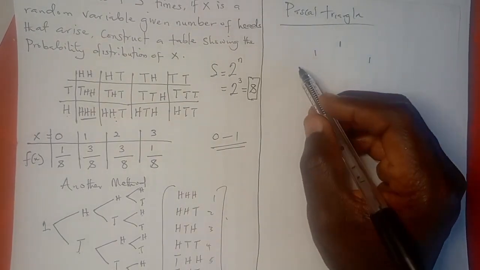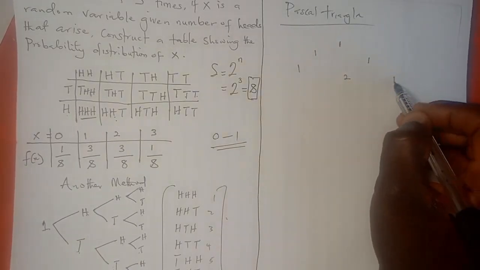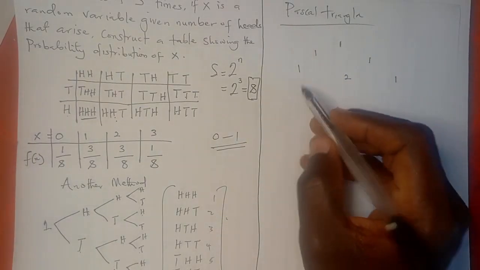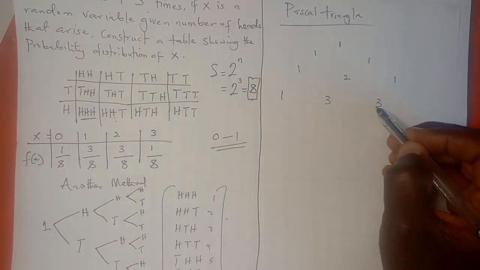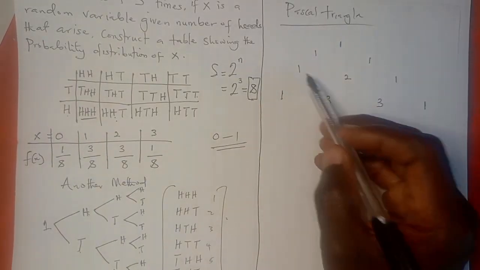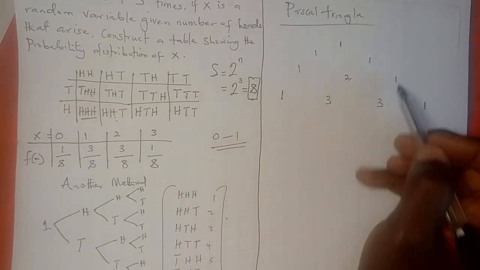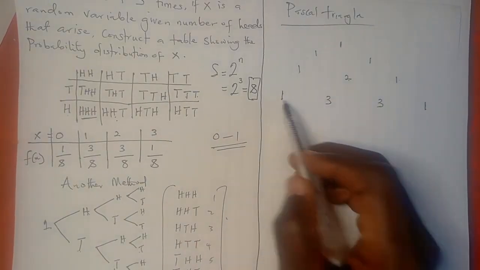The second time we have 1, 2, 1. And the third toss we have 1, 3, 3, 1. It always starts with 1: 1 plus 2 is 3, 2 plus 1 is 3. Then we have the final as 1. It always starts with 1 and ends with 1.